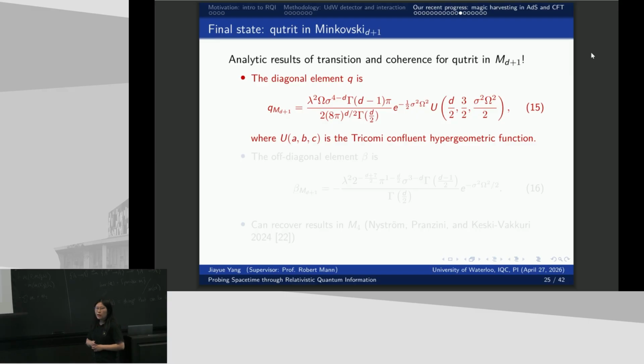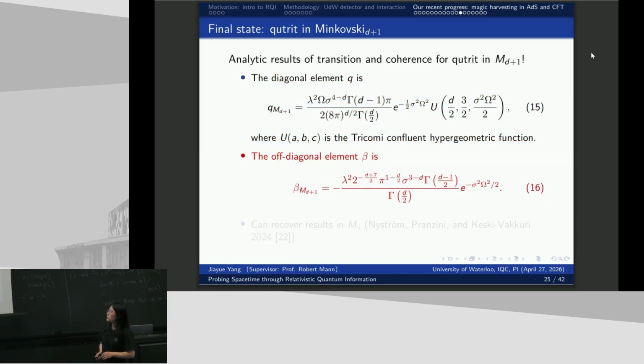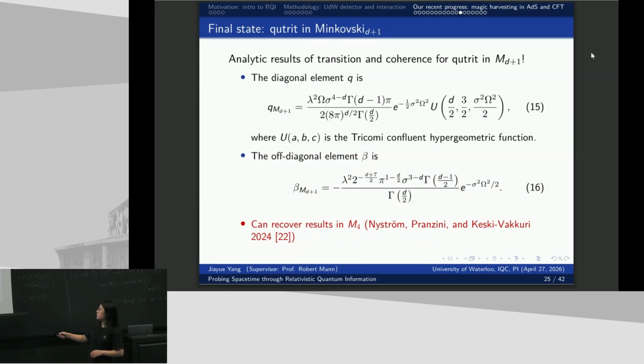And also, another interesting thing is that if you take the AdS radius very large, you can get the analytical results for the coherence and the excitation probability for the Minkowski spacetime. So you get these two formulas, and you just take D to 3 here. You will recover the results in their paper for the Minkowski 4. So these are some cross-checks.